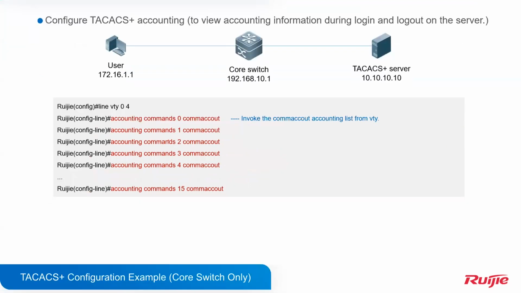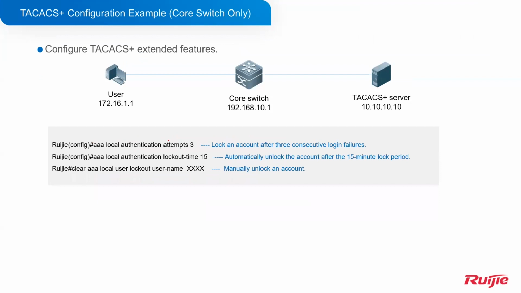Okay. And at last, config the Tacacs+ extended features. For example, aaa local authentication attempt 3. Attempt 3 means you can try 3 times. If you still fail at the third time, there is a requirement that it will be locked for 15 minutes.